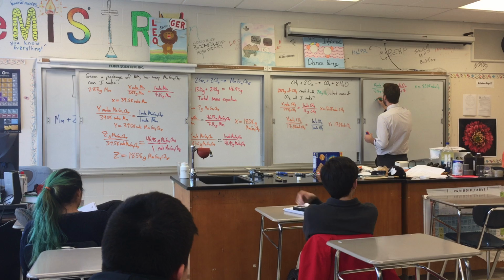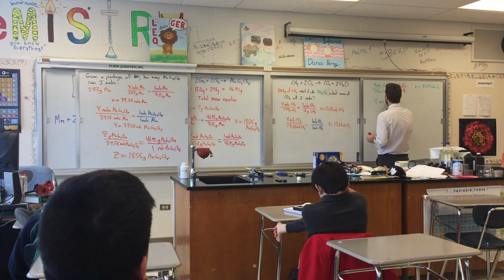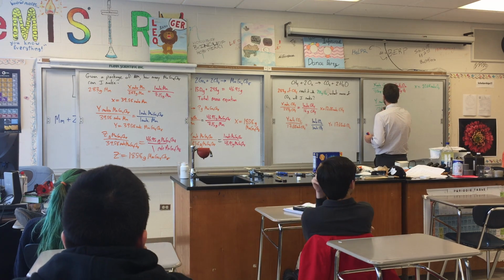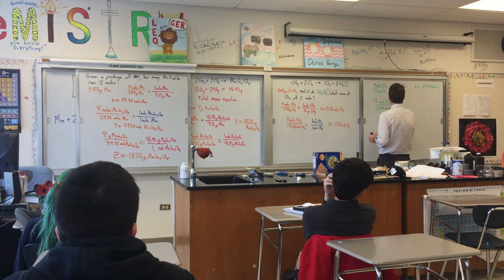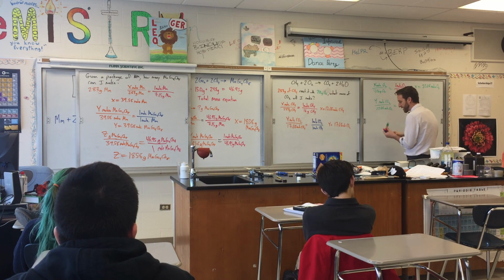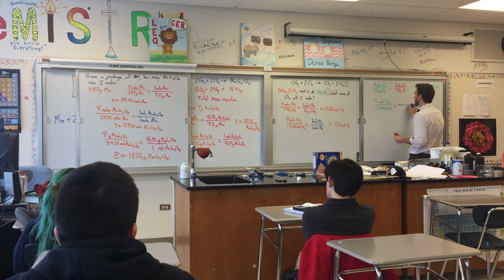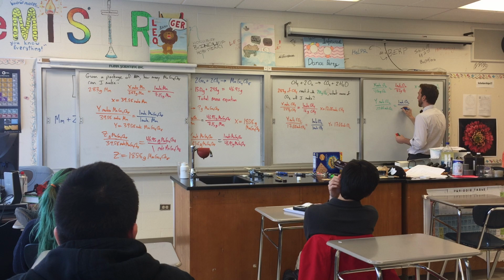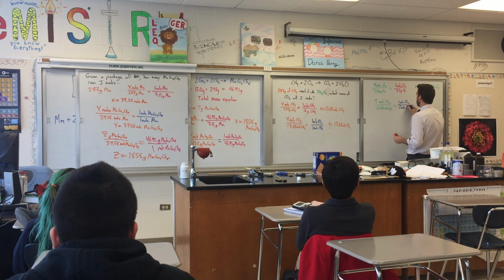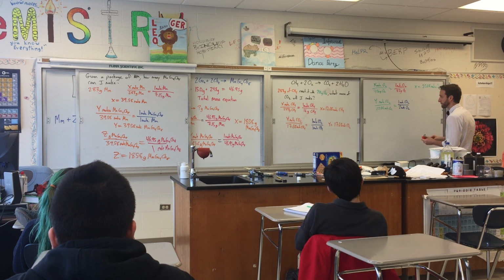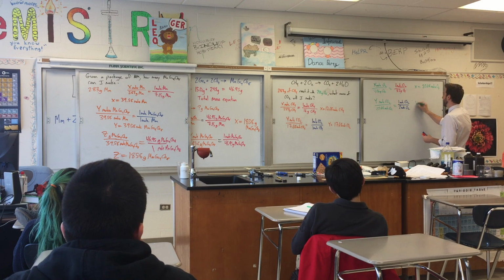Okay, so now we've got to say, how many moles of CO2 will I produce for 22.68 moles of O2? Where do I get that ratio? The balanced equation. The equation says 1 mole of CO2 is produced for 2 moles of O2. 11.34.